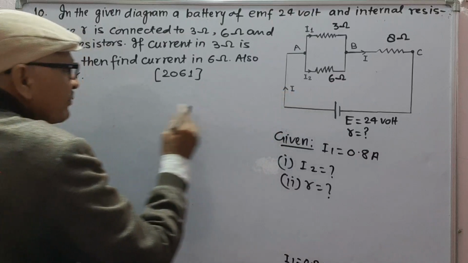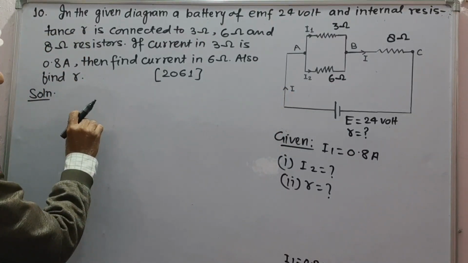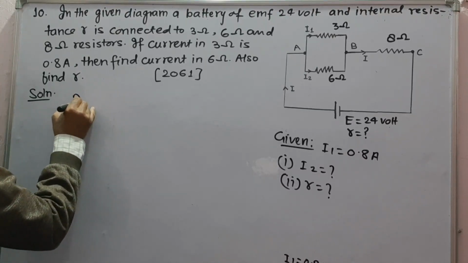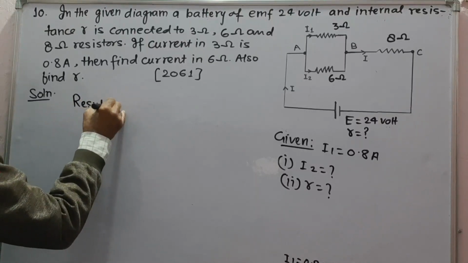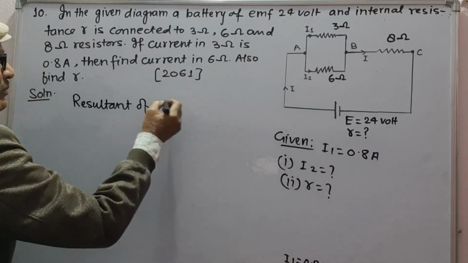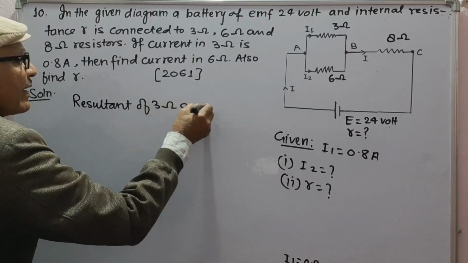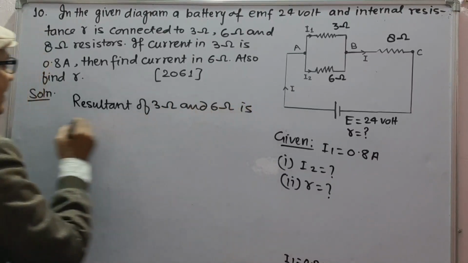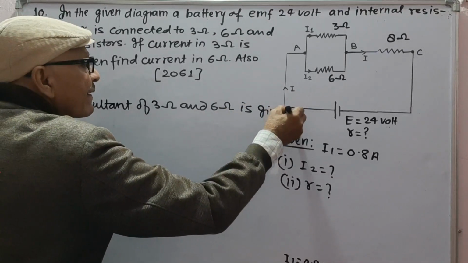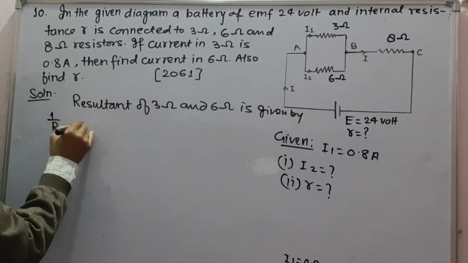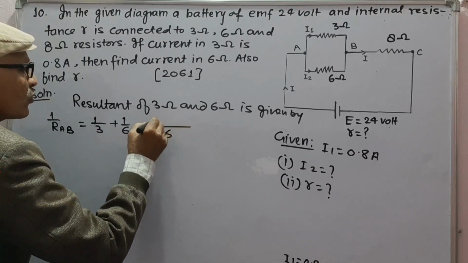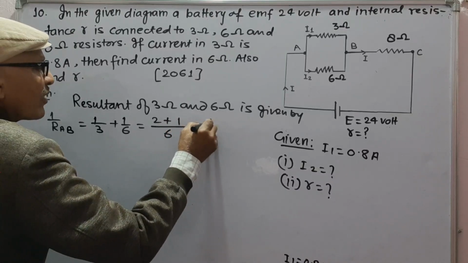Resultant of parallel resistors, resultant of R1 and R2 means 3 ohm and 6 ohm is 1 upon RAB is given by 1 upon RAB is equal to 1 upon 3 plus 1 upon 6, LCM is 6, 2 plus 1 means 1 by 2.